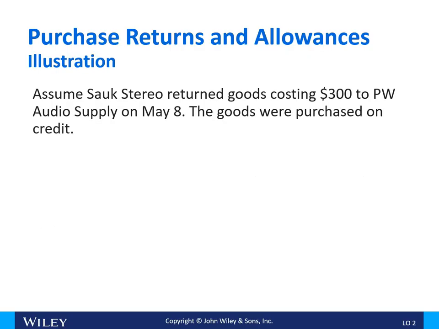So look at an example here. Sock Stereo returned goods costing $300 to PW Audio Supply on May 8th. The goods were purchased on credit. So how does Sock Stereo record that transaction? We're going to debit accounts payable for the 300 and credit inventory 300.